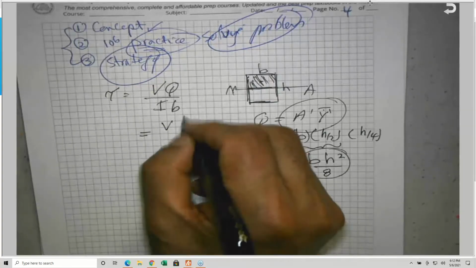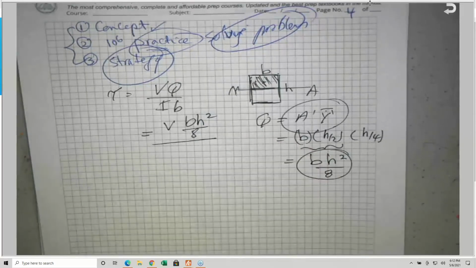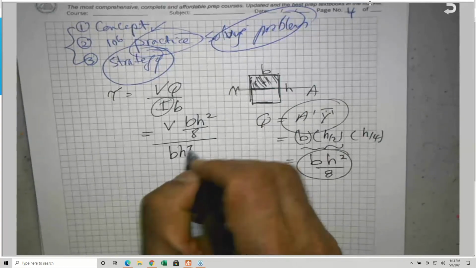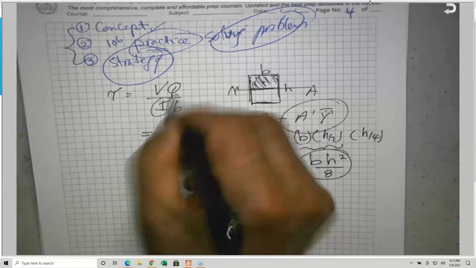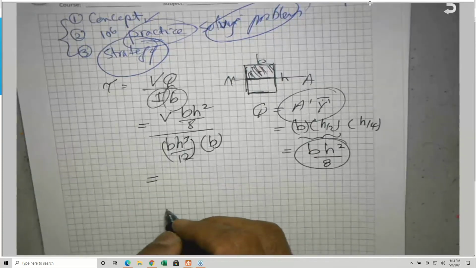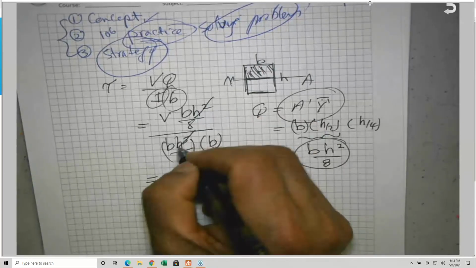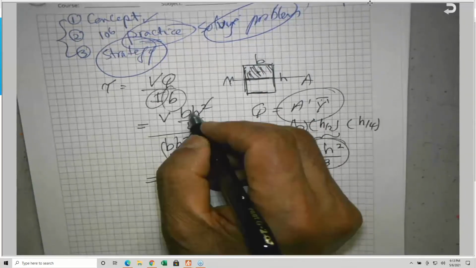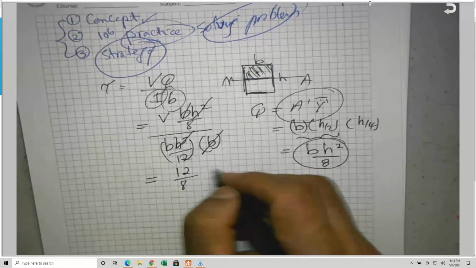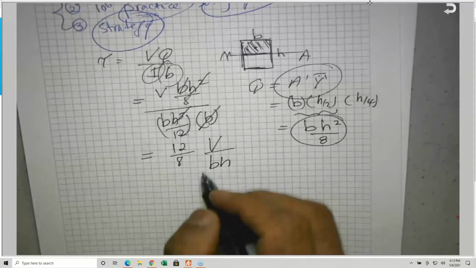Putting in BH squared divided by 8, divided by the moment of inertia I, which is BH cubed divided by 12, and B, if we simplify this, H squared with H cubed leaves H, and B cancels with B. 12 over 8 times V divided by B times H is what is left.